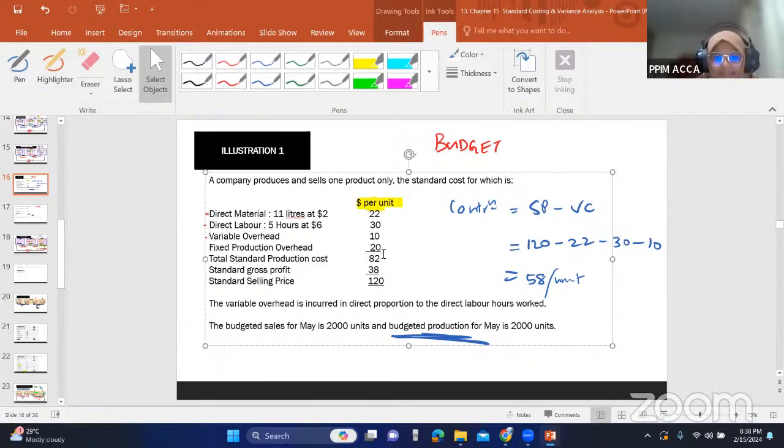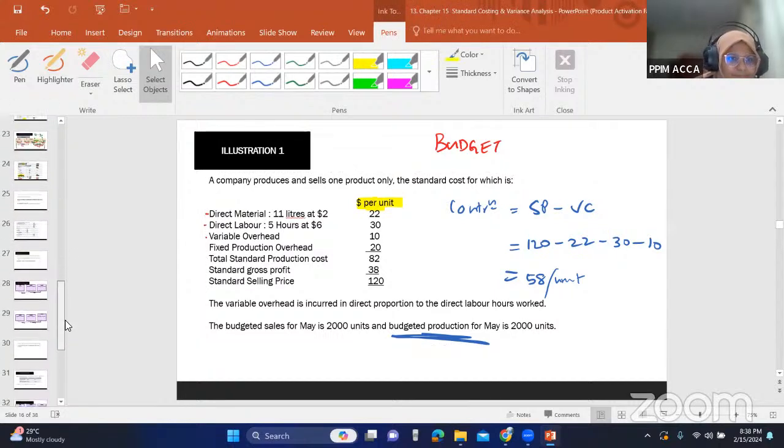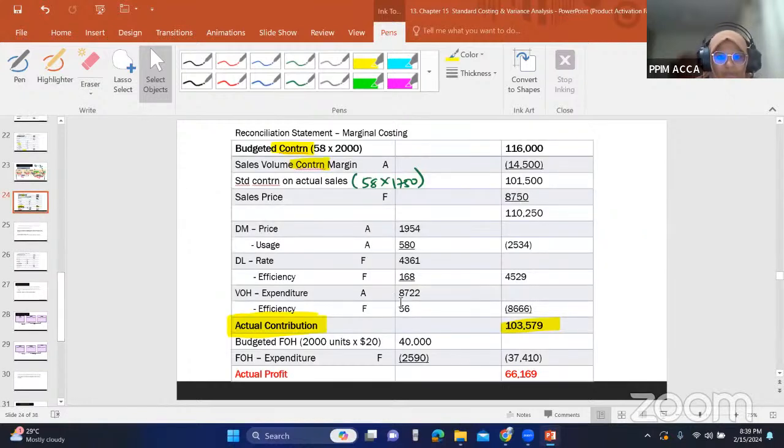So 20 into the number of units that we budgeted to produce, which is 2,000. Okay, so 2,000 into 20, that will give you 40,000. So this is a new thing. We put the budgeted fixed overhead figure.